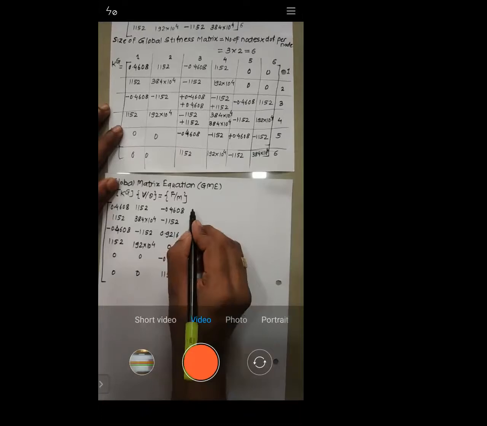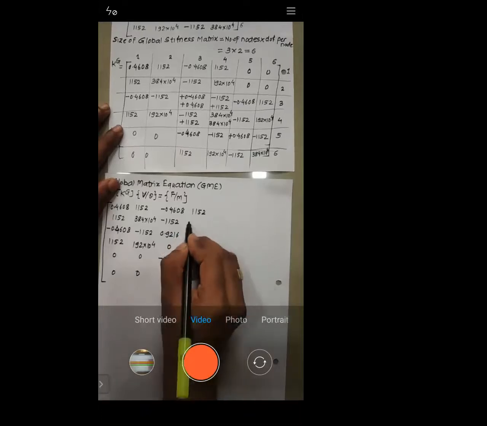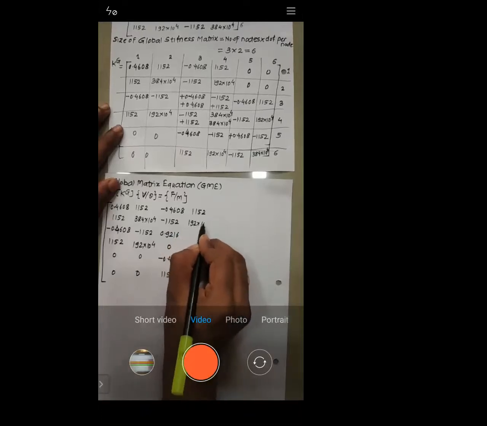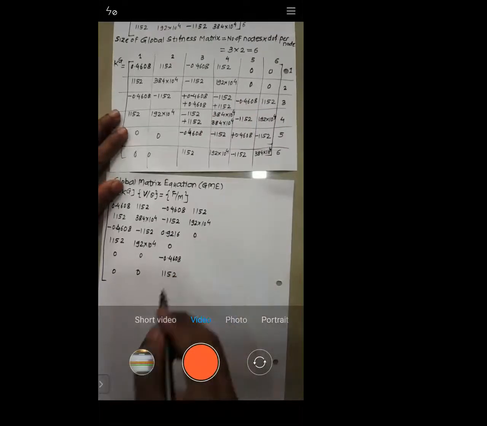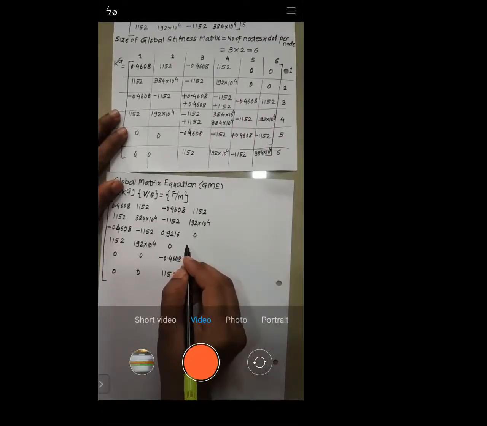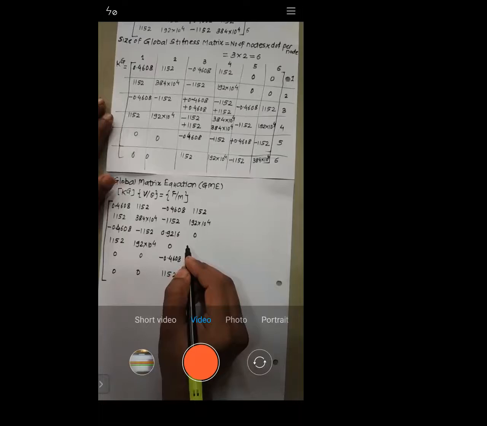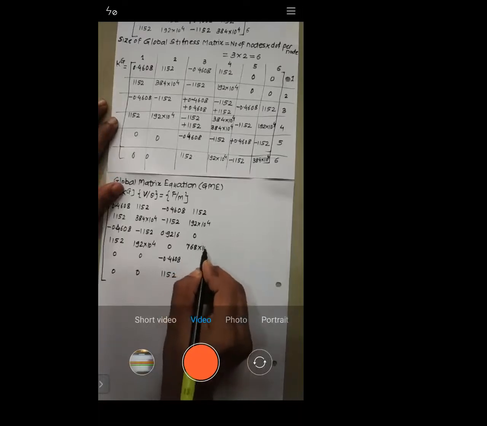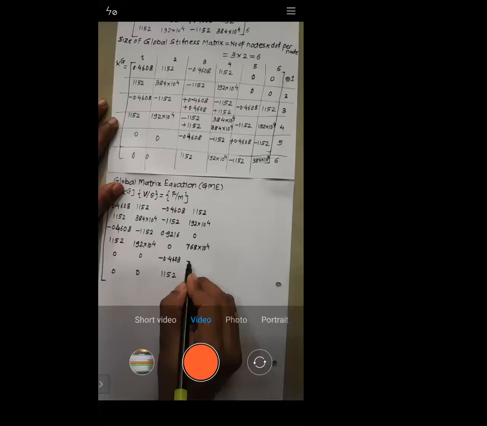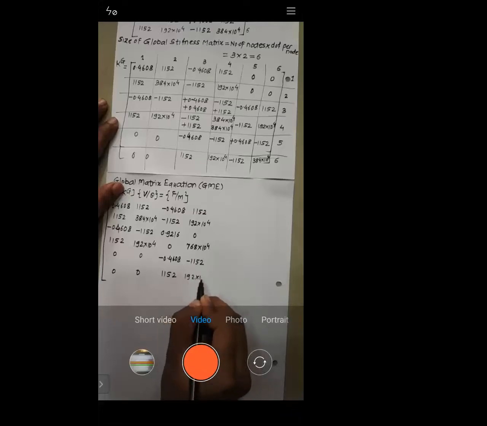Next here it is 1152, 192 into 10 raised to power 4. This is 0. This is 384 into 10 raised to power 4 plus 384 into 10 raised to power 4, which is 768 into 10 raised to power 4. Then this is minus 1152, and this is 192 into 10 raised to power 4.